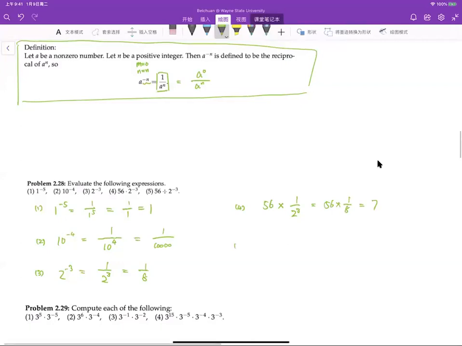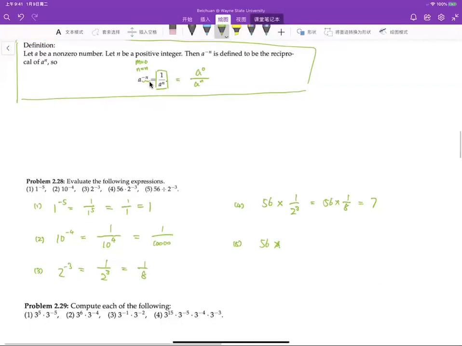Good, so the last one. So anyone wants to do the number 5? Can I do it? Oh, sure. So basically number 5 is you do 56 divided by 1/8 because of the negative, and then your answer is, which is basically 56 times 8. Very good. So that's equal to 56 times 8. So what is the answer?